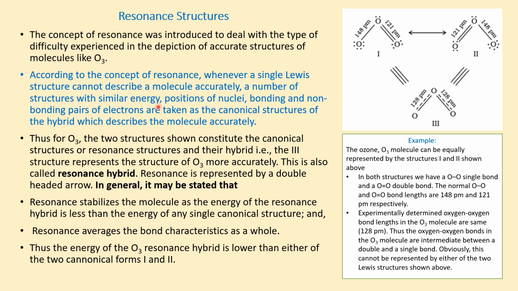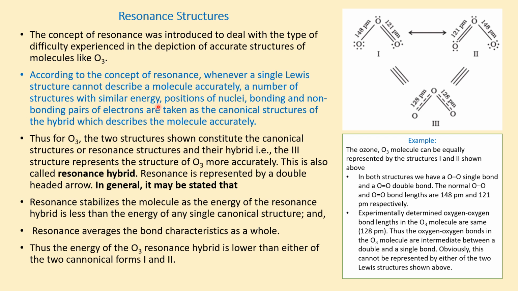Many misconceptions are associated with resonance, and the same need to be dispelled. Please remember that the canonical forms have no real existence. The molecule does not exist for a certain fraction of time in one canonical form and for other fractions of time in other canonical forms.